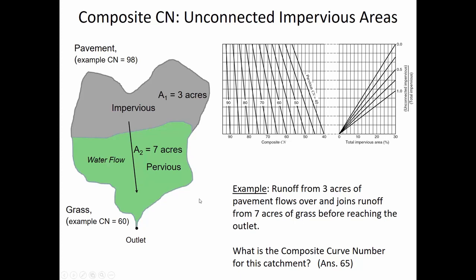And then the total for the entire watershed, 3 out of 10 is impervious, and so 30%. So we go over at the intersection of 30% and 1.0. We start moving to the left until we reach the curve number that represents our pervious surface, the grass curve number of 60.